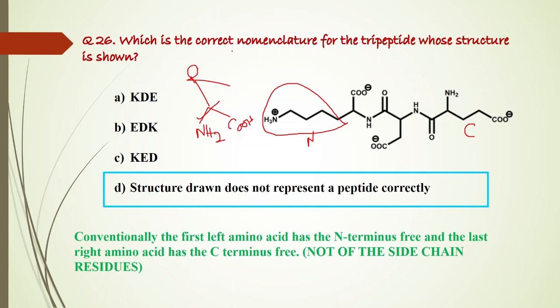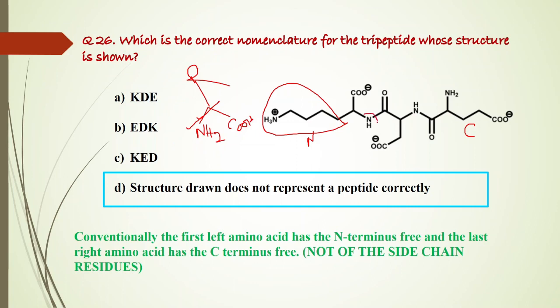So if K is the first one in this case, that means it has to be the N terminal. So the N portion of K needs to be free. We should not look at the R groups for determining the N terminal or C terminal. N terminal means the basic backbone of the amino acid, that NH2 group, should be free.